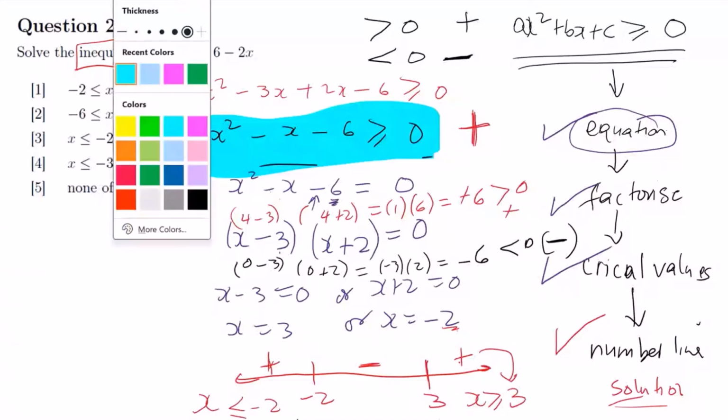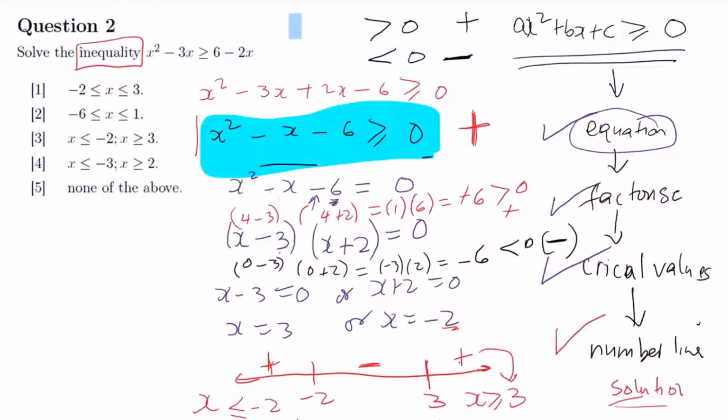So here is our solution: x is less than or equal to minus 2, and x is greater than or equal to 3. So that's how you deal with anything that has to do with inequality.